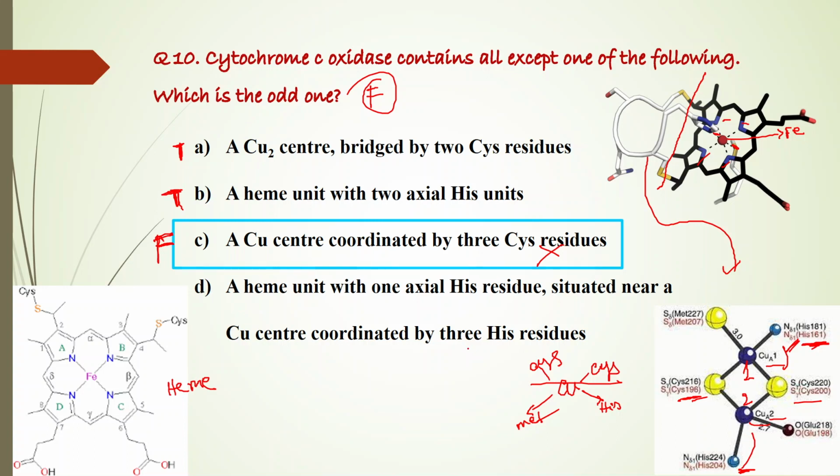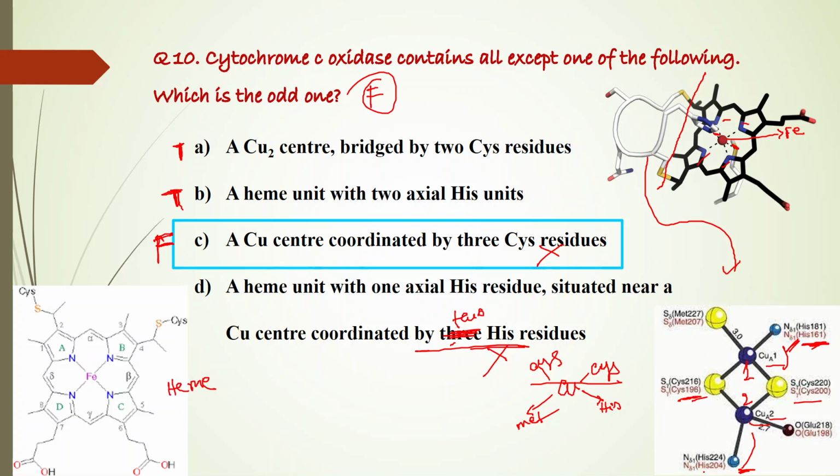So this part of the statement, that the copper centers are coordinated by 3 histidine residues, was a wrong statement. Sorry, I think this should be 2. The statement otherwise would be false. You can clearly see the copper is also connected to a single histidine unit, and this one is also connected to a single histidine residue.